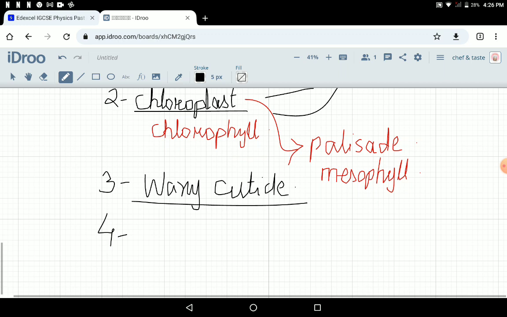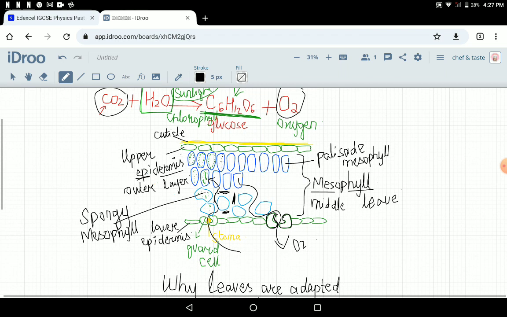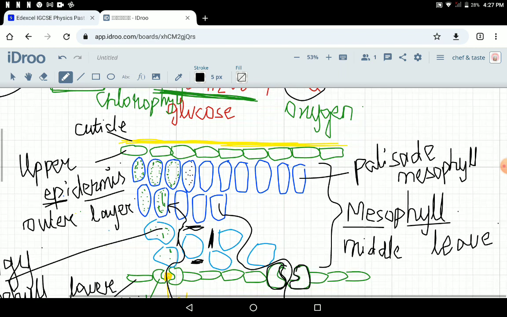And the next thing is the vascular bundle. Yes, the vascular bundle. The vascular bundle is found just in between the palisade and spongy mesophyll. I'll make it here.